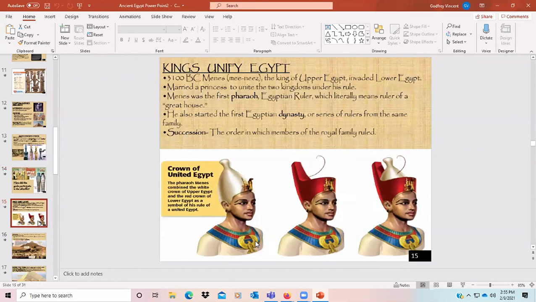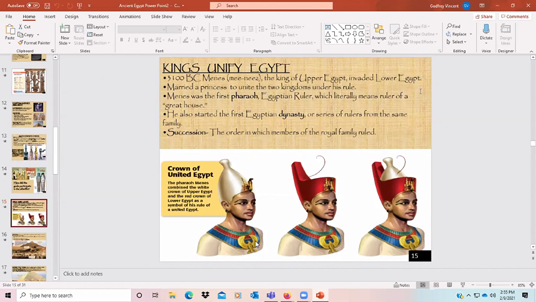Now we said that in Egypt there are two kingdoms, or two parts of Egypt, Upper Egypt and Lower Egypt. So the Pharaoh Menes, he invaded Lower Egypt.